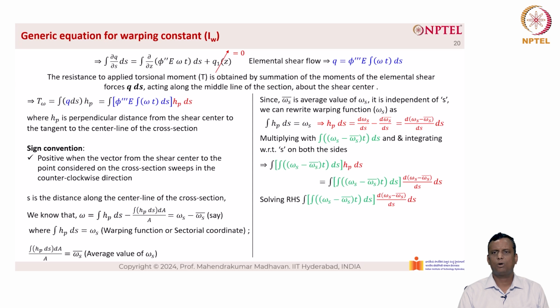So let us look at solving the right hand side of the equation, which is integral of omega s minus omega s bar into t into ds into d by ds of omega s minus omega s bar into ds. Basically, we are substituting HP into ds as d by ds of omega s minus omega s bar into ds. This is clearly shown in the red color fonts. This gives rise to du equal to t into d by ds of omega s minus omega s bar, and v equal to omega s minus omega s bar.